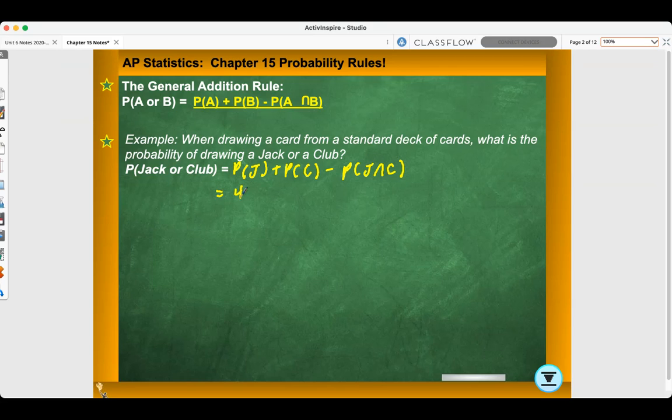So this would be 4 over 52 because there are 4 jacks in a deck, plus 13 over 52 because there are 13 clubs in an entire deck, which has 52. And there's only one jack that's a club, so we'd have to subtract 1 over 52. And that would give me 16 over 52. And you can leave it like that, or you can reduce this to 4/13.